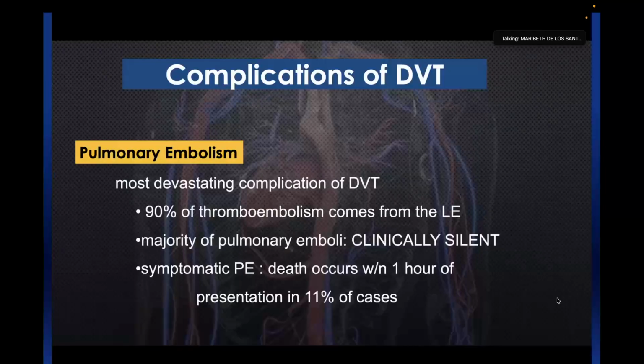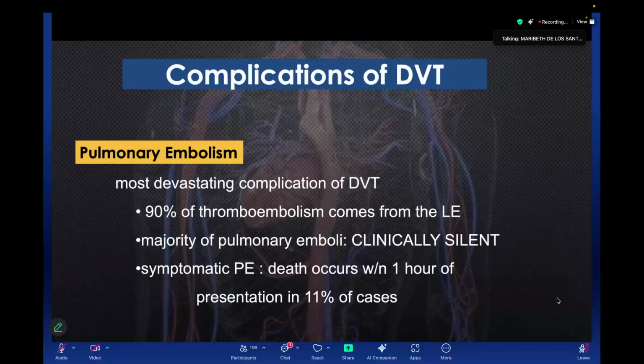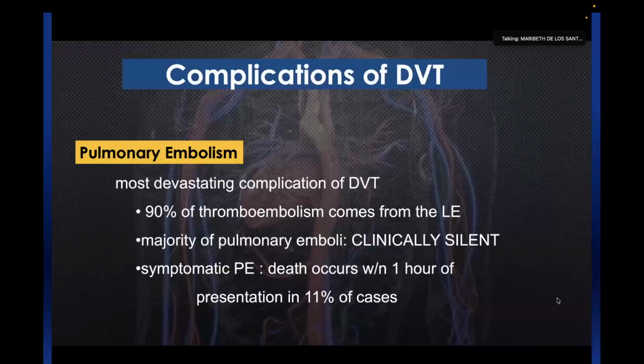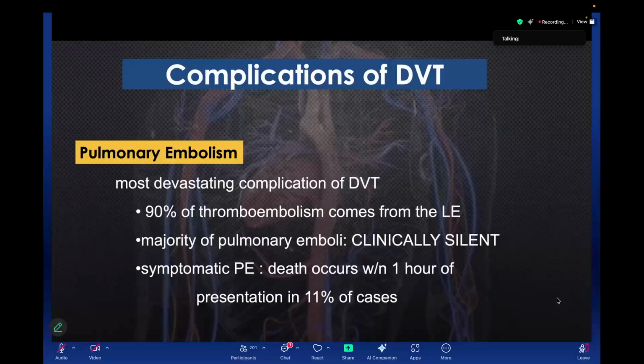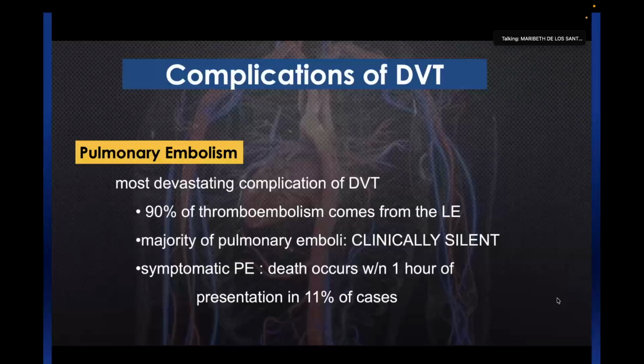So why are we interested in DVT? This is because one of the fatal complications of DVT is pulmonary embolism. This is the most significant complication of DVT, and in 90% of cases, the source of the thrombus is in the deep veins of the lower extremities.